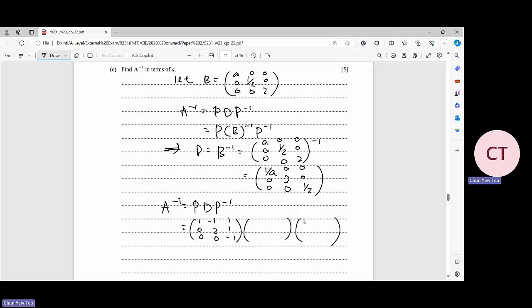Your B inverse is 1, 0, 0, half, 0, 3 over 2, half, and then -1. And then this one is the diagonal matrix. So what I need to do, I will take the first two and multiply them together first. Then the last one I just copy down.